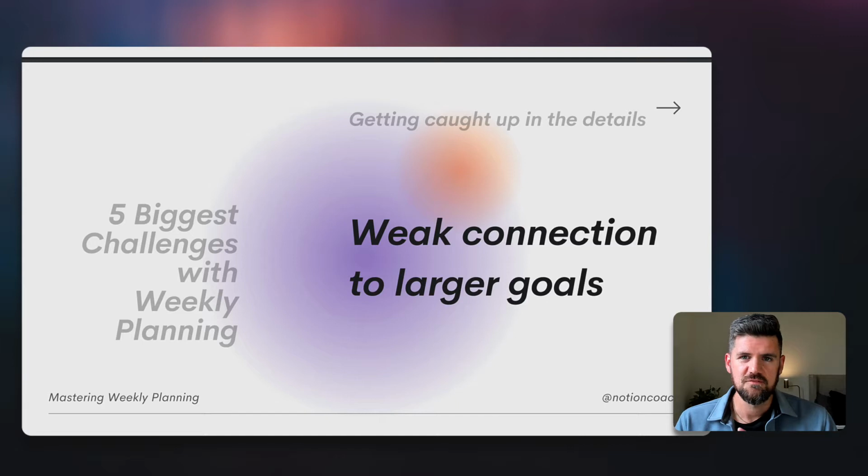If you're in this mental space, reading things like David Allen's Getting Things Done, or even James Clear's Atomic Habits, even though it's habit focused, it's also really talking about bigger vision and longer term goals. But we want to make sure that we're tying our actions to bigger goals and that those actions are directly influencing and helping us get there. So making sure that that's a strong connection.